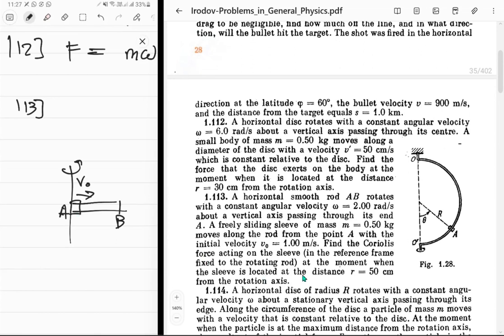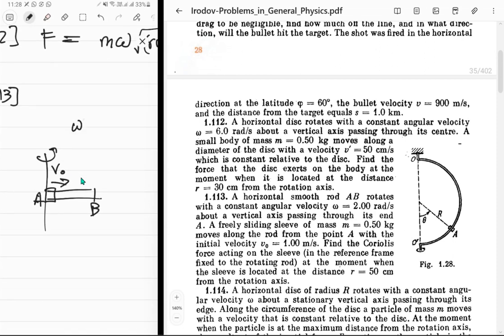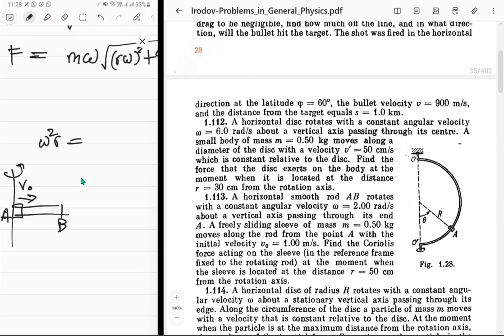What we want is to find the Coriolis force acting on the sleeve in the reference frame fixed to the rotating rod, at the moment when the sleeve is at distance r equal to 50 centimeters from the rotational axis. So we need r dot for that. We need to figure out how this velocity changes. There's only one thing that can change its velocity, which is the centrifugal force, omega squared r. That's the acceleration, equal to d squared r upon dt squared.